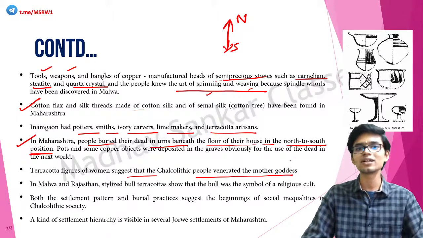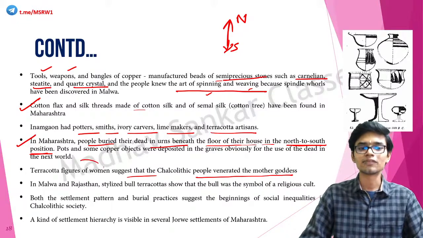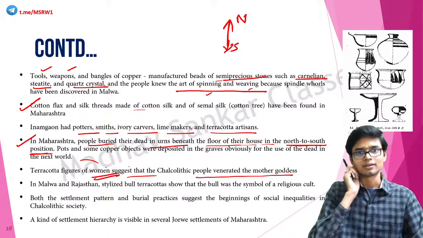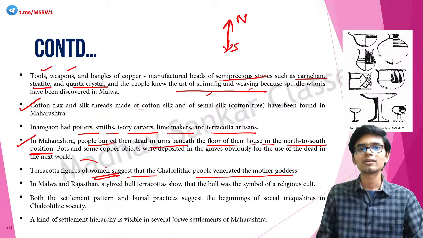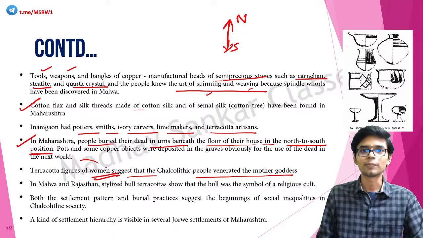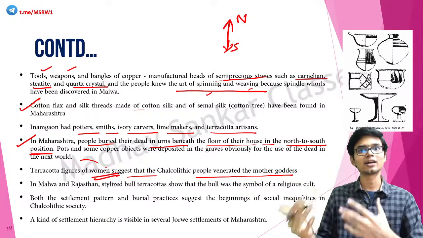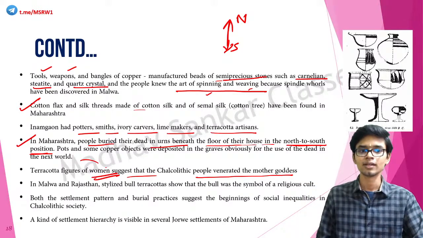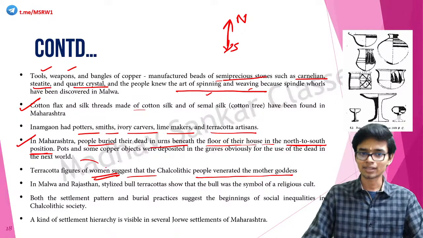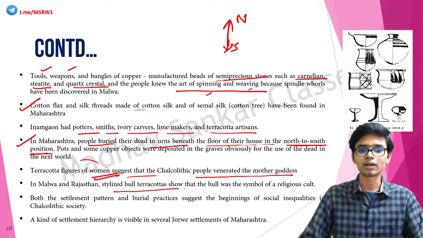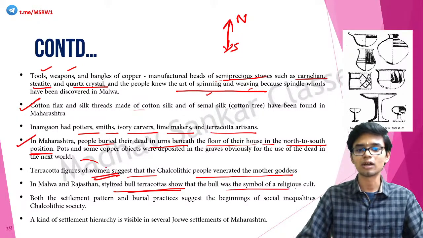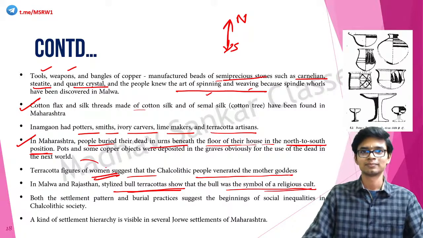Terracotta figures of women suggest that Chalcolithic people venerated the mother goddess. So we have evidence of a terracotta figure of a woman. Historians believe that the Chalcolithic people venerated the mother goddess, so this woman figure could be that of a mother goddess. In the Malwa region and Rajasthan, stylized bull terracottas show that the bull was a symbol of a religious cult.